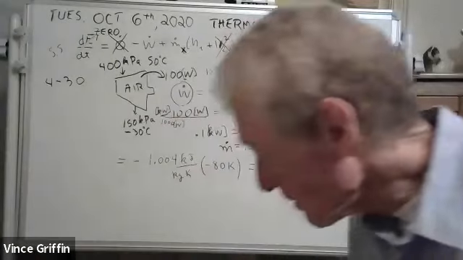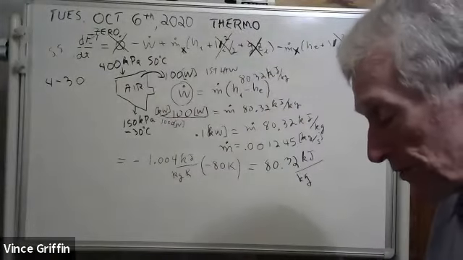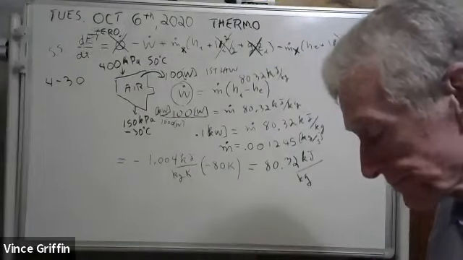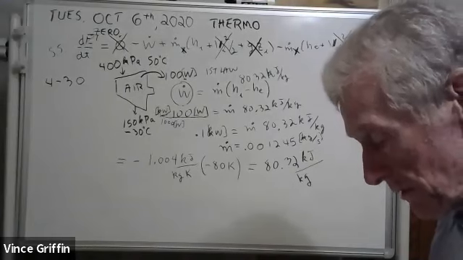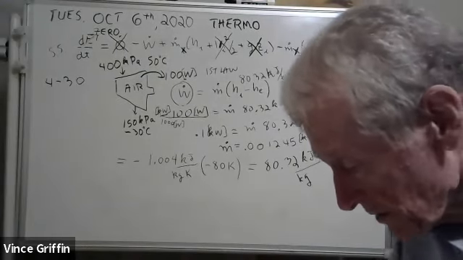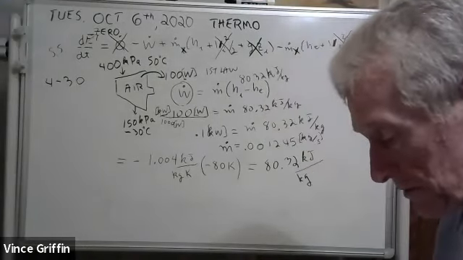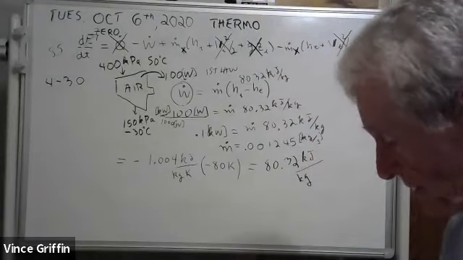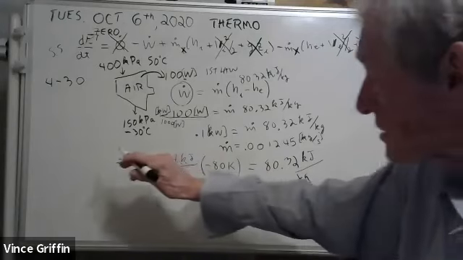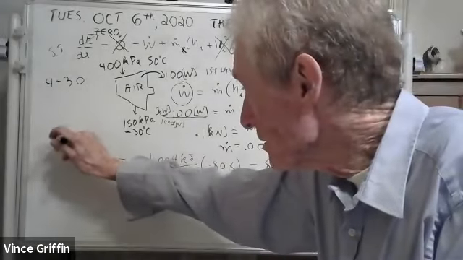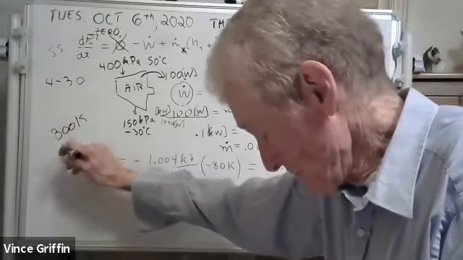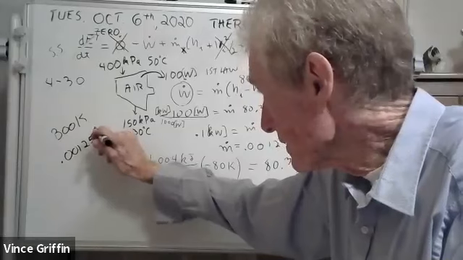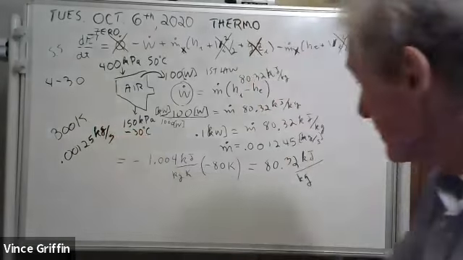This was problem 430. It was a turbine that uses air. And the answer book says 0.00125 kilograms per second.